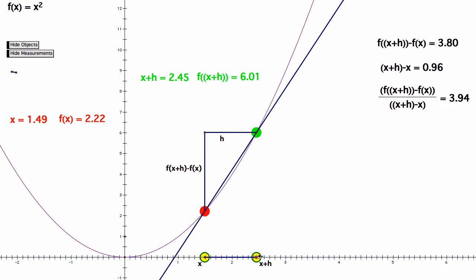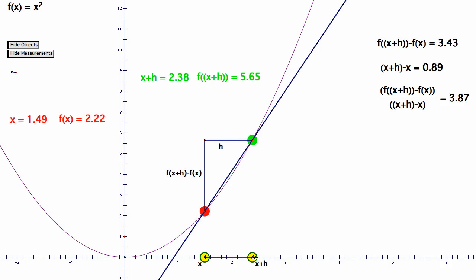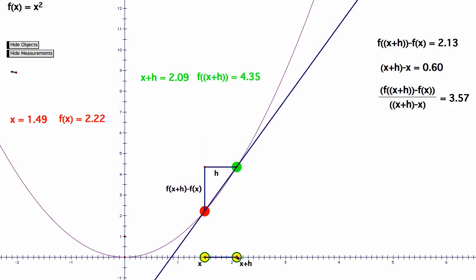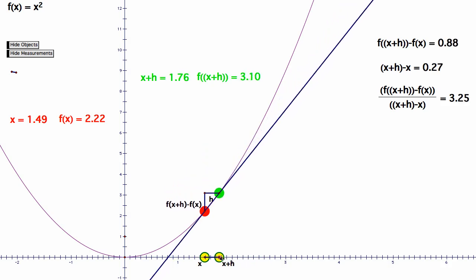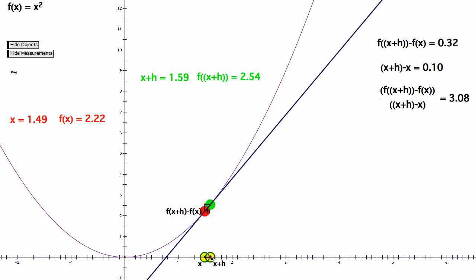And more importantly, if we let h run to 0, then this line becomes a tangent line. But I want you to note that all of these values still take on the same meaning. We still have f of x plus h minus f of x, and this is really h right here.